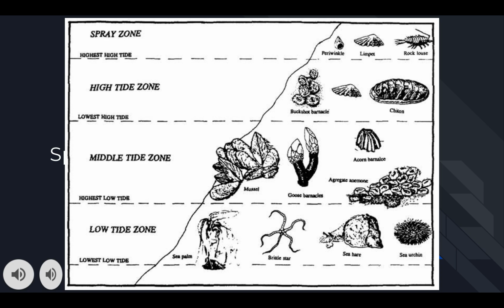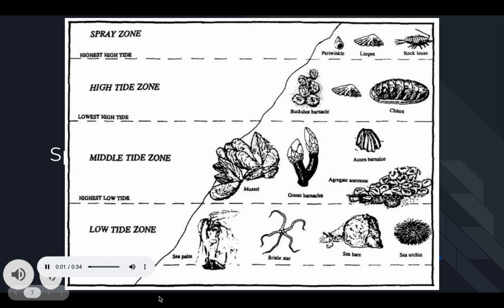Barnacles and mussels can hold seawater in their closed shells to keep themselves from drying out during low tide. That's how some of them can survive in different zones, but they are divided by their own zone.